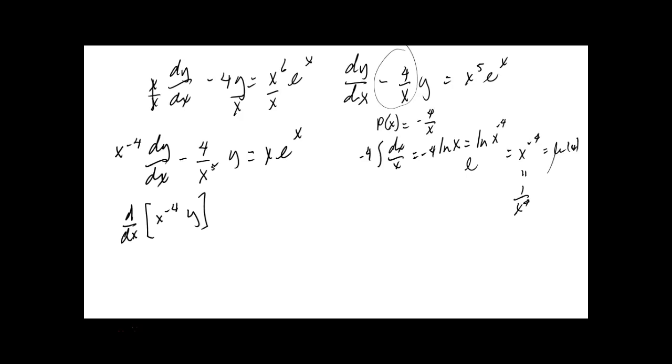Minus 4 times x to the minus 5. You reduce the exponent by 1 when you take the derivative. So there's where your minus 4 and x to the minus 5 come from. Yes, that is the perfect derivative. So I'll just rewrite that as the perfect derivative, and this is equal to x e to the x. That's your right-hand side, your f of x now.